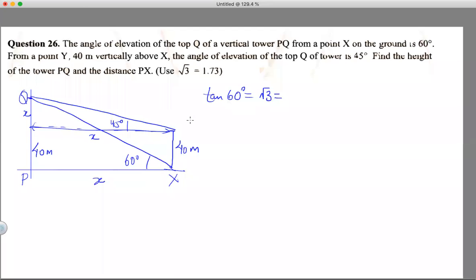So tan 60 degrees is equal to √3, and here what will come, x plus 40 by x. Okay, so √3x is equal to x plus 40, and x is equal to 40 by √3 minus 1.